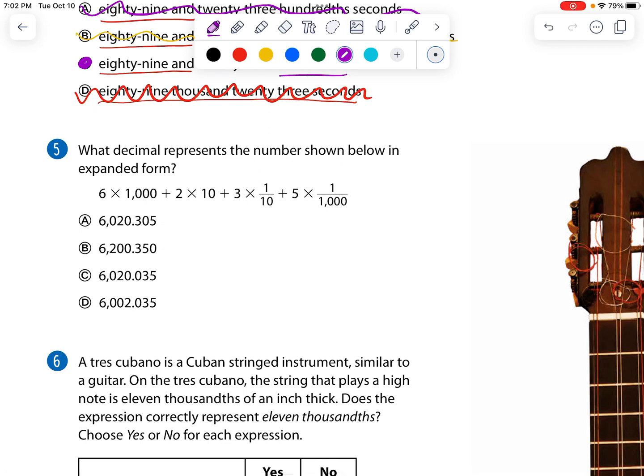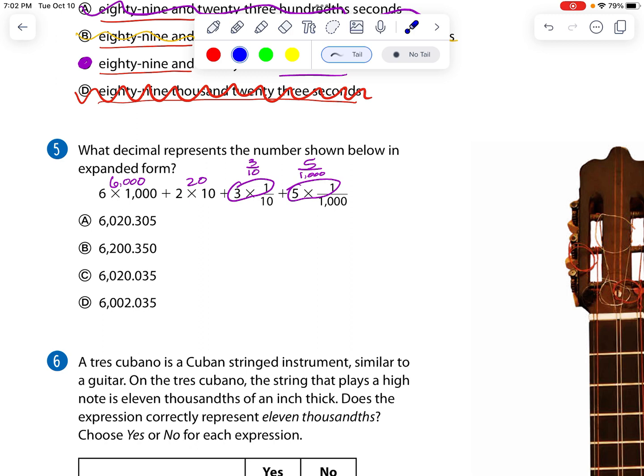Okay, be careful with expanded form, but you guys got this. Okay, 6,000, 20. Remember, we're really focused on those. Okay, there's no hundredth down here. So we need to make sure there's no hundredth. Okay, this doesn't have a hundredth, so we're good.